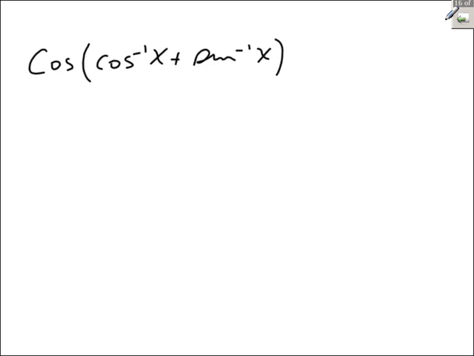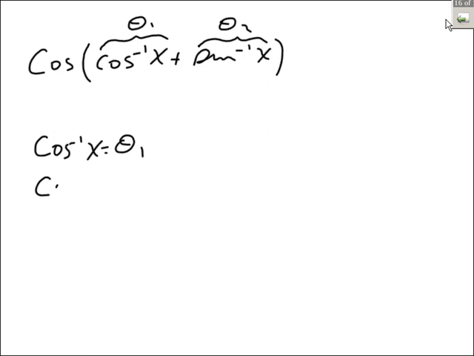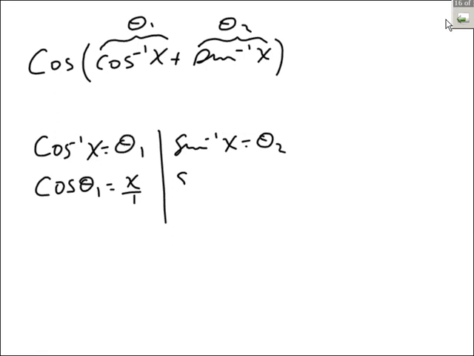Well, if I call this theta 1 and I call that theta 2, the cosine inverse of x is equal to theta 1. That means the cosine of theta 1 is x, or x over 1. And the second statement, the sine inverse of x is equal to theta sub 2, that means the sine of theta 2 is x.